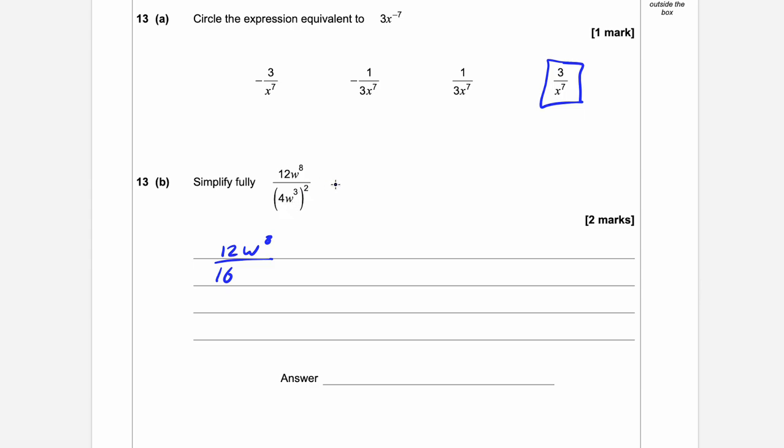And w cubed squared is w to the power of 6. Then we do 12 over 16 is 3 over 4. And w to the 8 over w to the 6, we subtract them. That's just w squared. It's therefore 3w squared over 4, or 3/4 w squared is the same thing.